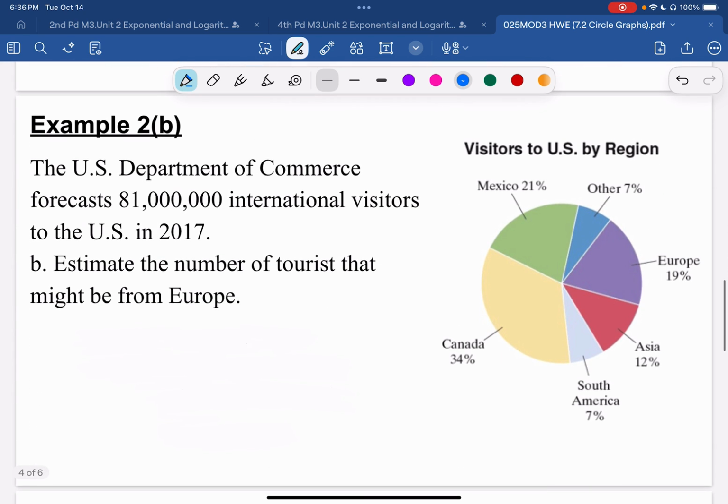Okay, same graph, same information. Now it says the U.S. Department of Commerce forecasts 81 million international visitors to the U.S. in 2017. Estimate the number of tourists that might be from Europe. Okay, so I've got 19%, and I need to figure out the number of tourists.